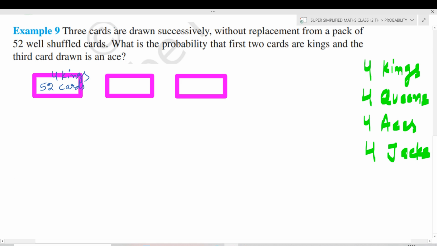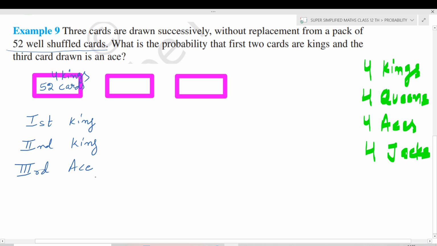Now consider an example: 3 cards are drawn successively without replacement from a pack of 52 well shuffled cards. What is the probability that first 2 cards are kings and the third card is an ace? So first card is a king, second card is also a king, and the third card is an ace.